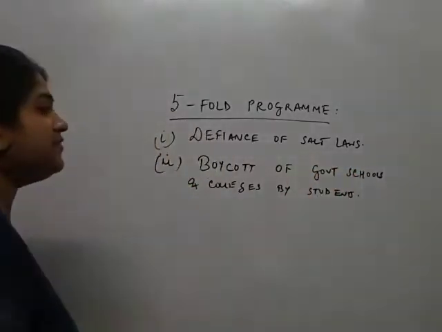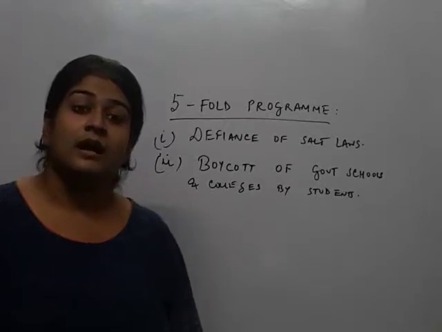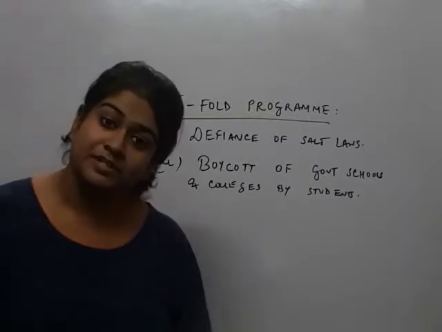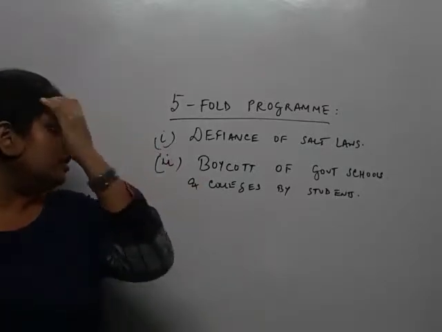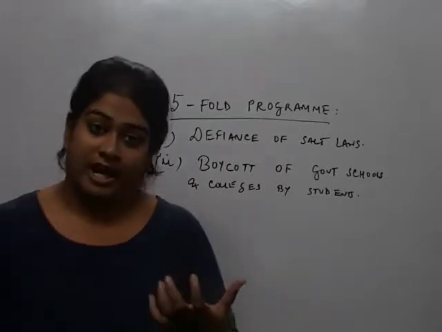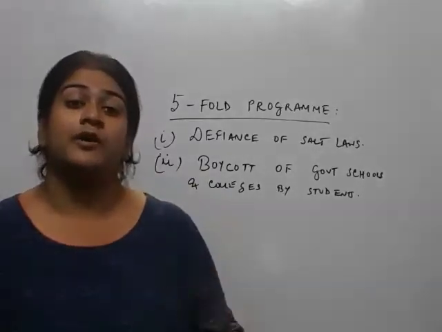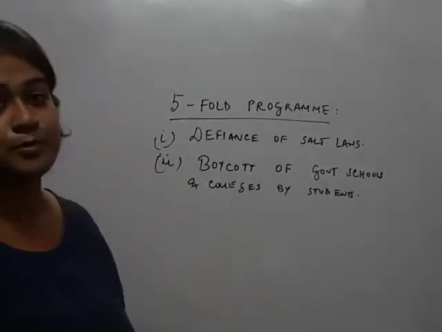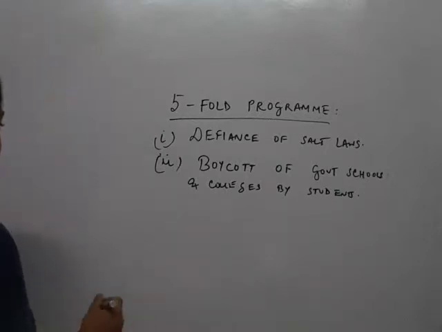There were several national education centers, among them the Bengal National College with Aurobindo Ghosh as the principal, which was launched in anticipation of the partition of Bengal. The Indians tried to promote their scheme of national education and urged the students of both schools and colleges to boycott those schools and colleges owned by the British government. This is the second program under the five-fold program structure of the Civil Disobedience movement.